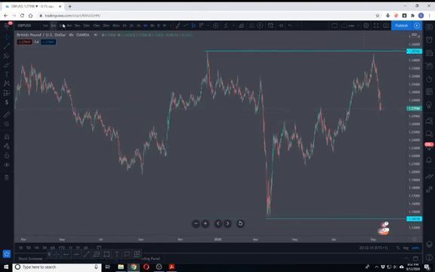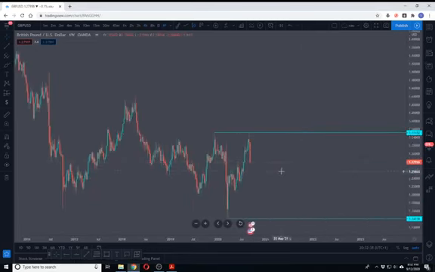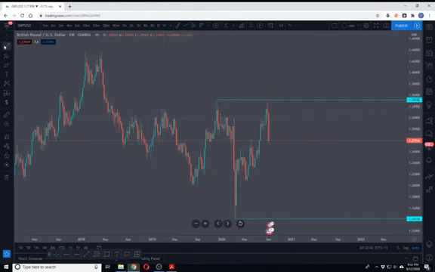But in terms of, we go back, so if we were looking at this swing, I'll just mark this up. If we were looking at this swing from here to here, what happened is the market came and moved beyond.